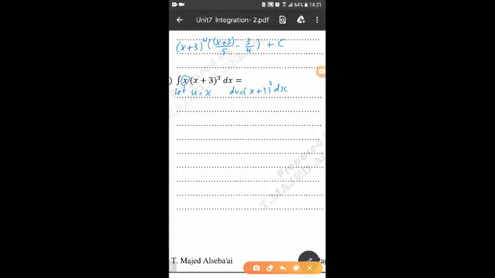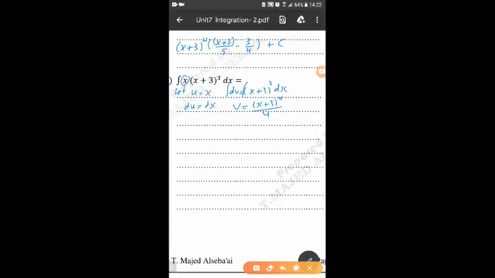Now du equals dx, right? And to find v, I will integrate. What is the integration of (x plus 3) all to the power of 3? This is a linear expression. It's going to be (x plus 3) to the power of 4 over 4, right? We studied this before.